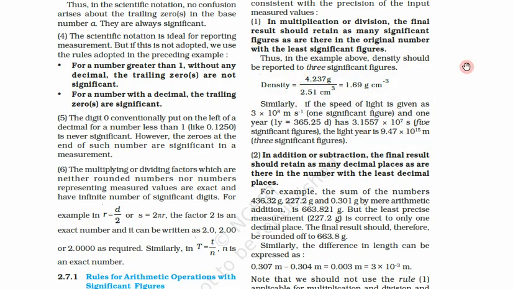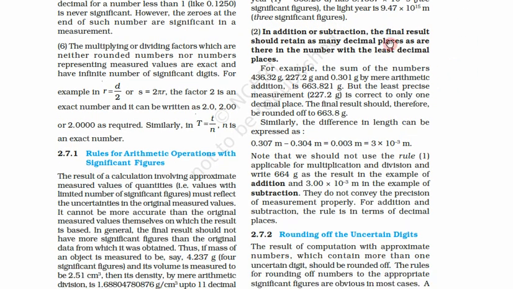In case of subtraction or addition, what do we check? We check which number is least precise. How can we check the least precise? We count the numbers after decimal. This has 3 digits after decimal, this has only 1, this has 2 digits. So which one is least precise?